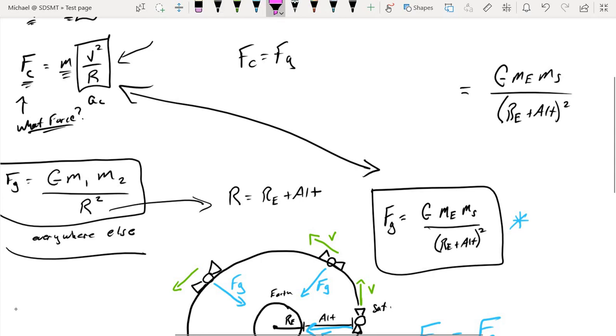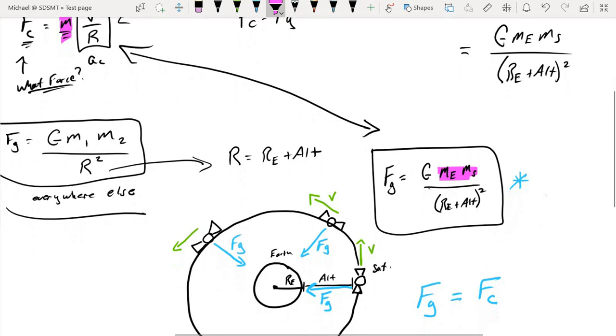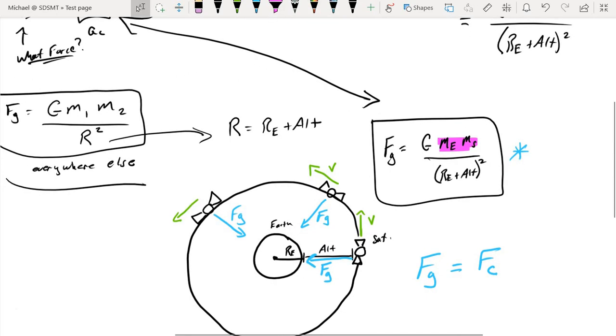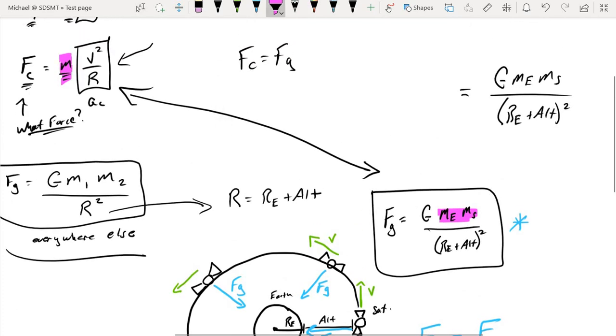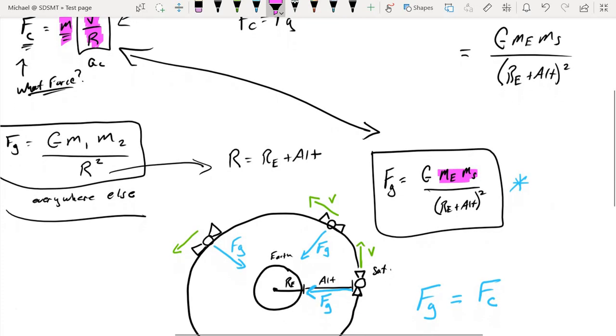Our centripetal force is using just one mass, and over here we had two masses. So which mass are we talking about with the centripetal force? With the centripetal force, the mass that we are going to be discussing is the mass that is actually traveling with a speed of v at a radius of r.